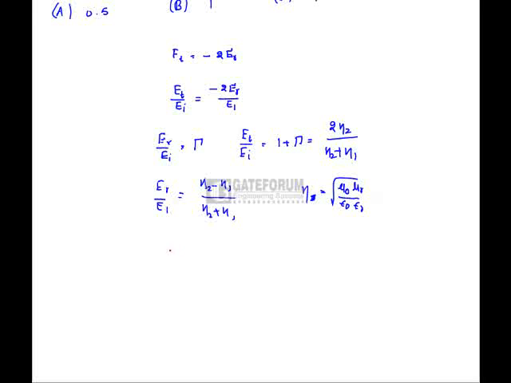Eta is nothing but root of mu naught mu r by epsilon naught epsilon r. If we substitute those things, assuming that dielectric 1 as well as dielectric 2 are both non-magnetic materials, that means mu r is 1 and mu naught is the same for both dielectrics.